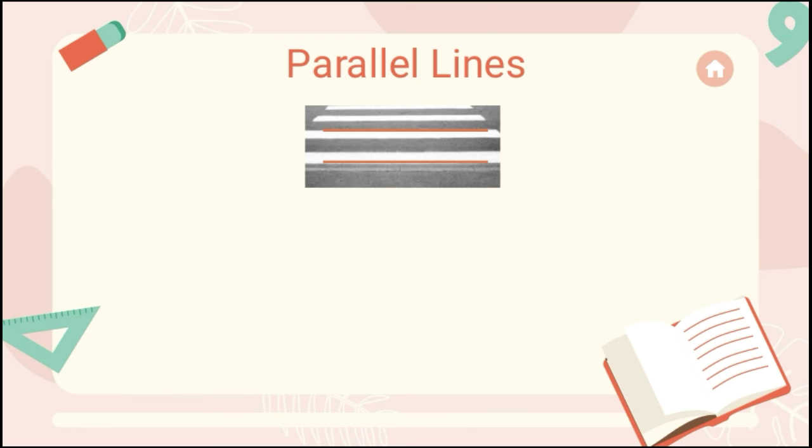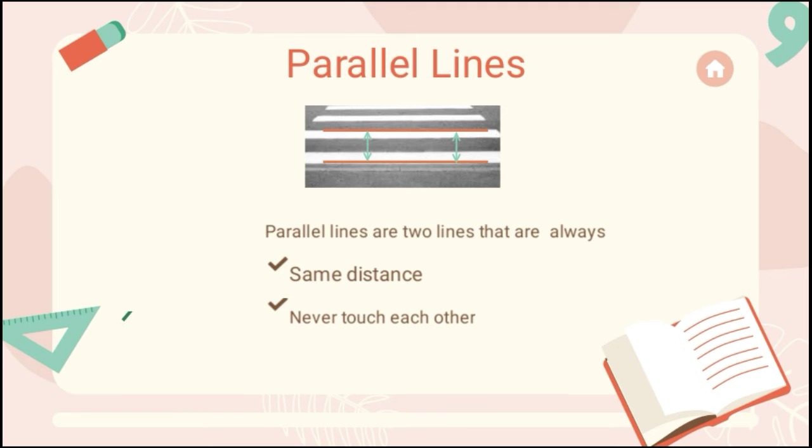The lines are the same distance apart, as the two lines will never touch each other, or they will not intersect at any point. There are marks to represent parallel lines. If we have two parallel lines, we can draw short lines on them. That means they are parallel lines. And we use the symbol to say line p is parallel to line t.